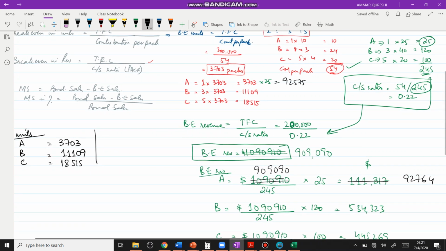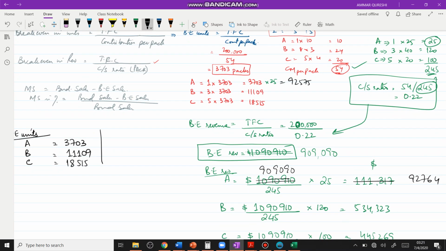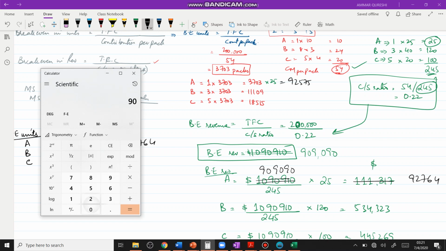And what is the break-even revenue for product A? It's 92764. For product B, 909090 divided by 245 times 120, it's 445268.